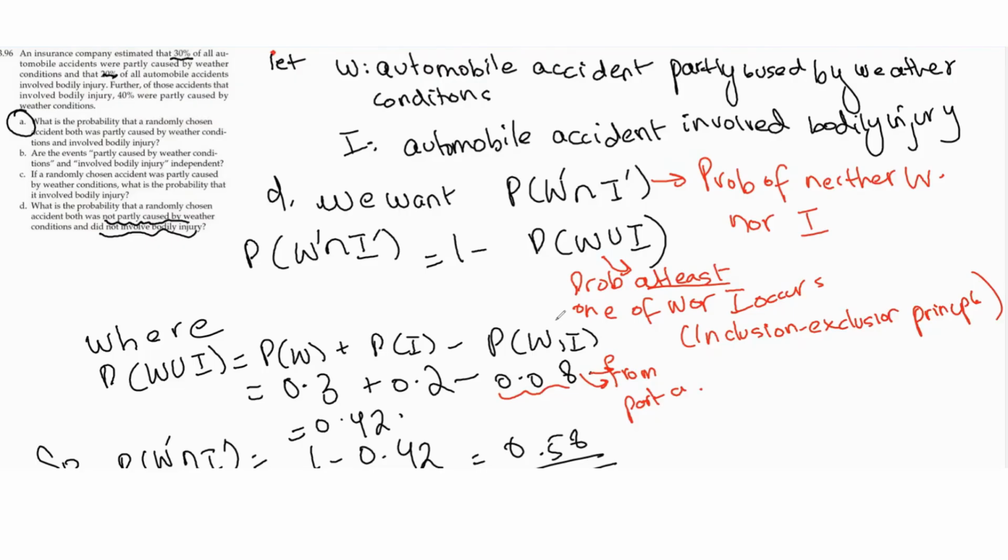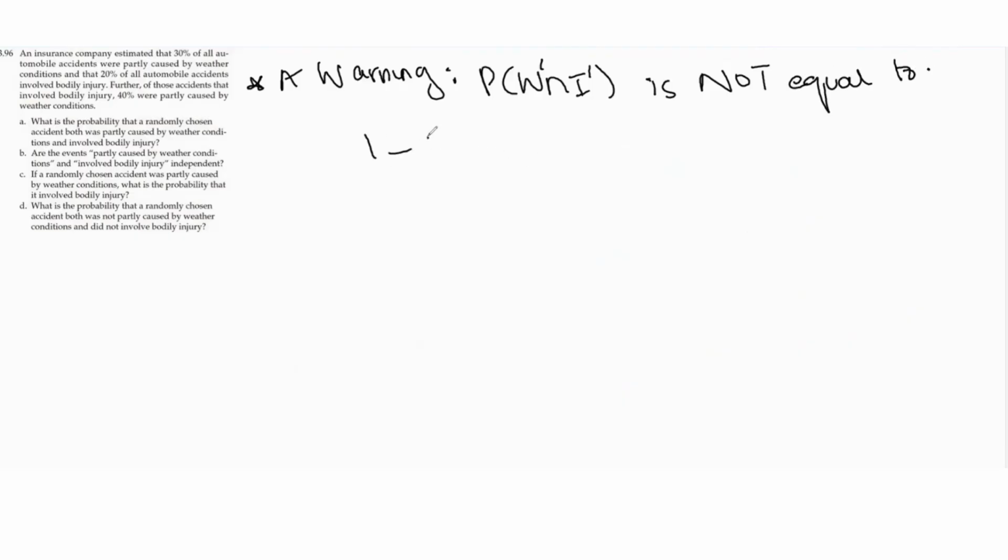Here, just a thing to note, a quick warning. When you want to find probability not W intersection not I, this is not equal to 1 minus probability W and I, right? This is not correct. When you want to find the probability that neither W occurs nor I occurs, that's going to be 1 minus probability W or I, not 1 minus probability W and I. Why does this not work?